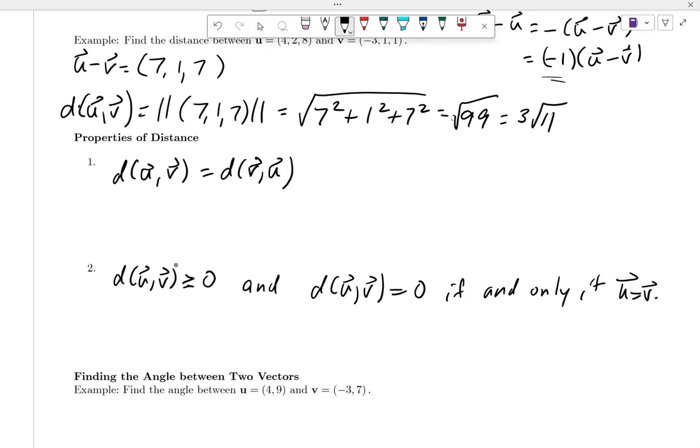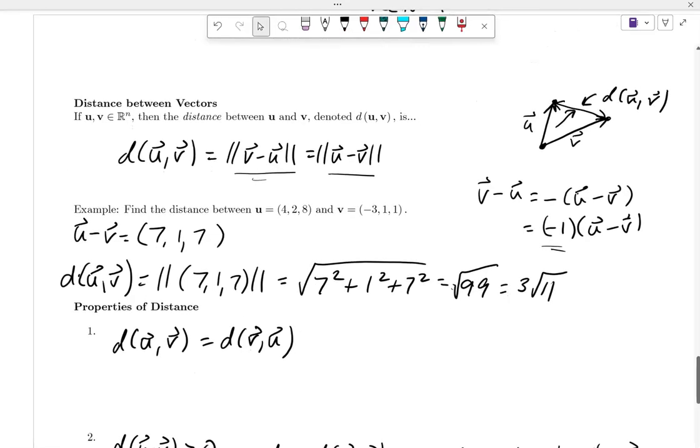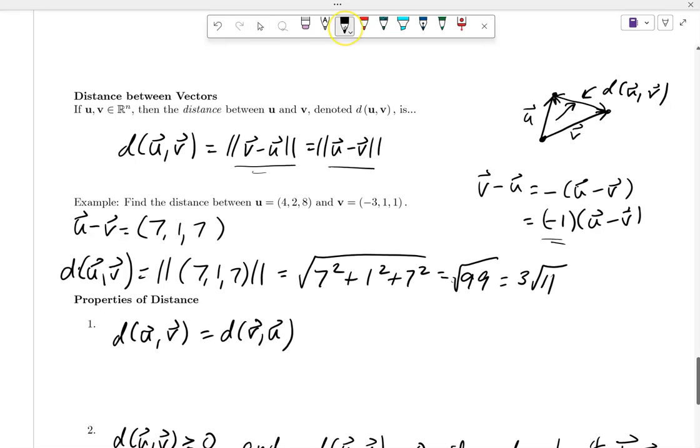We said that the only way a dot product with itself can be 0 is if you started with the 0 vector, right? Notice in this case, though, when you do distance, in general, what vector are you taking the dot product with itself? It's the v minus u, right?